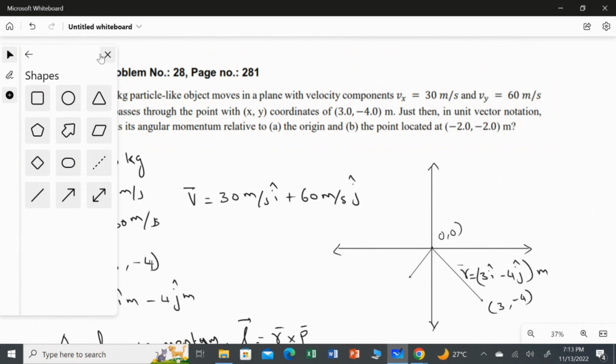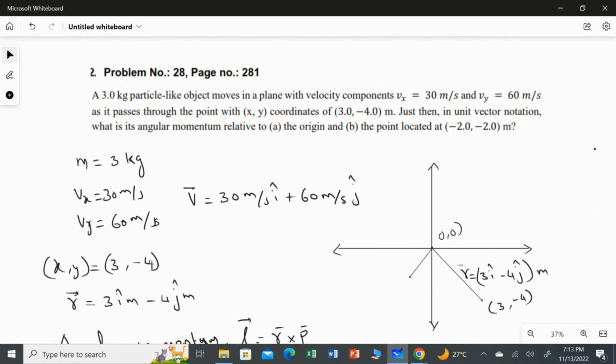So what is this value? Let's take this as maybe R1. So what is this position? The position they mention as -2. So that means it will come here. If you write in the vector form, this is nothing but -2 i cap -2 j cap. The unit is meter. Clear?